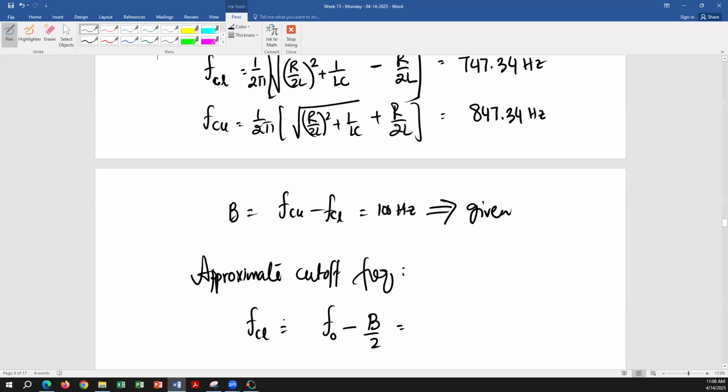This is approximate, so I'm going to use the approximation sign. FC lower approximate is F naught minus B over 2, and that's 745.77. And FC upper is going to be 845.77.